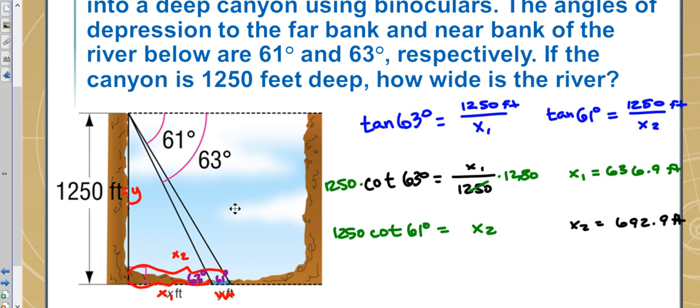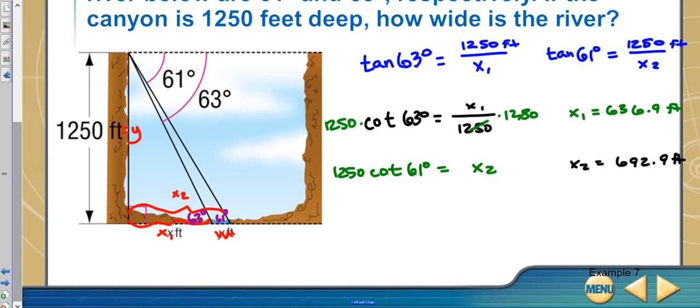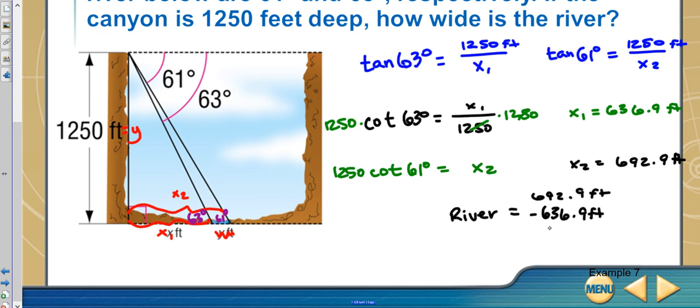So if I want to know the width of the river, I just subtract these two. Well, I can already see that the decimals will go away. That's nice. So the river will equal 692.9 feet minus 636.9 feet, which will give me, when I subtract that, this becomes a 0.